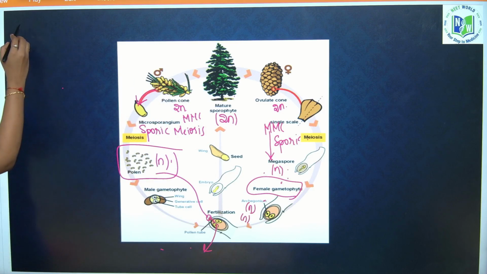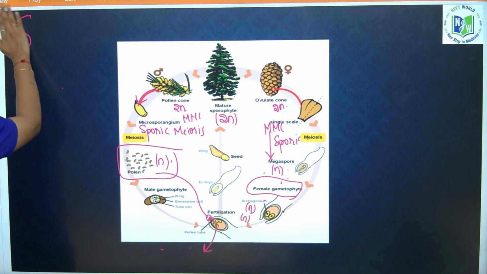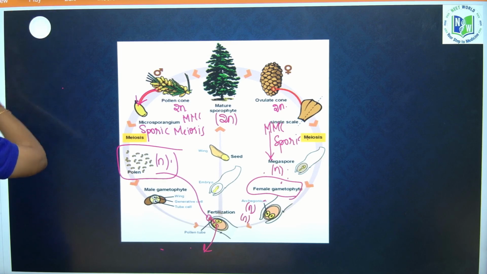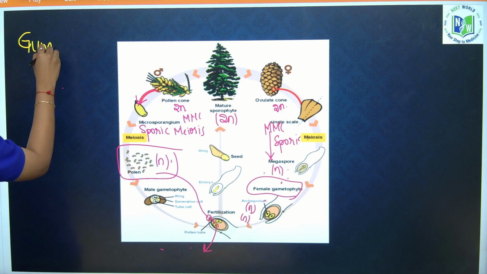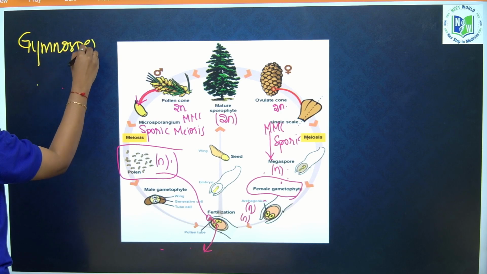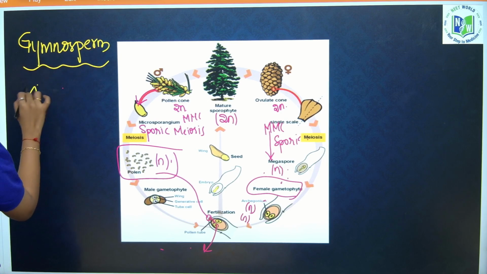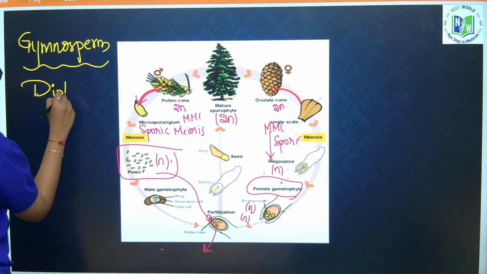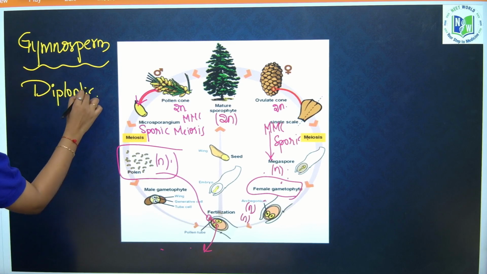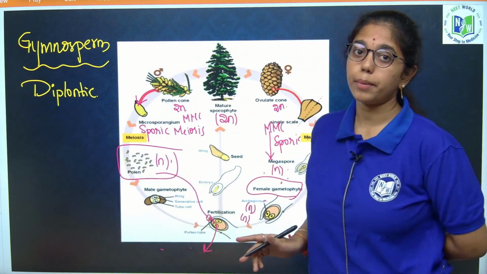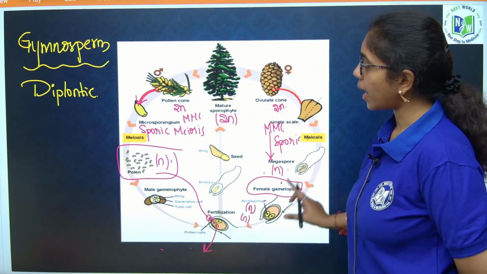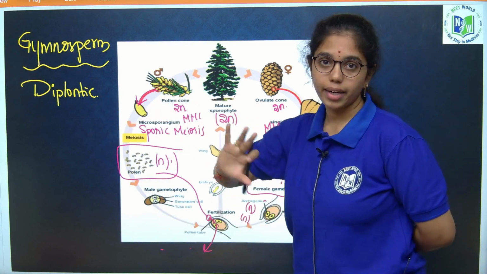That is why the gymnosperm life cycle is a diplontic life cycle. As the majority of the phases in the life cycle are diploid and only the pollen grain and the female gametophyte are haploid, it is a diplontic life cycle.